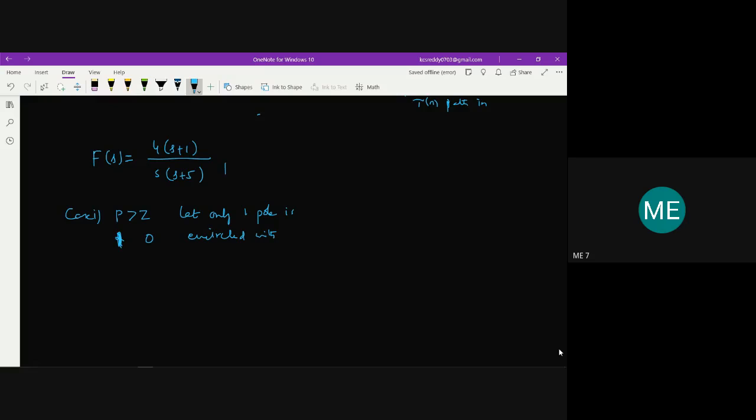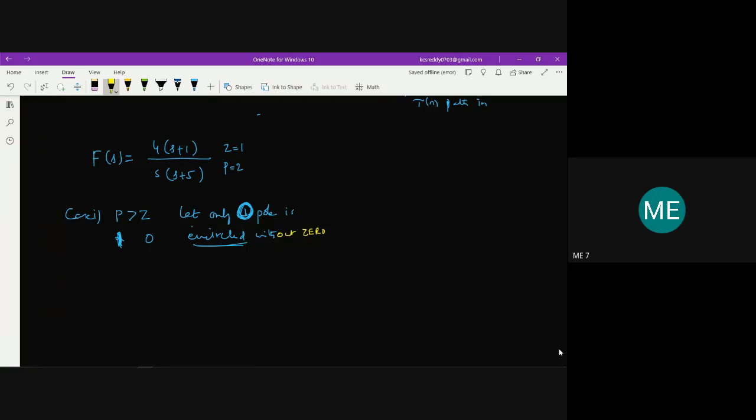Actually, the number of p's is 2 and the number of z is 1, but here we are talking about encirclements. In the encirclement, I am taking only one pole here, without any zero encirclement.